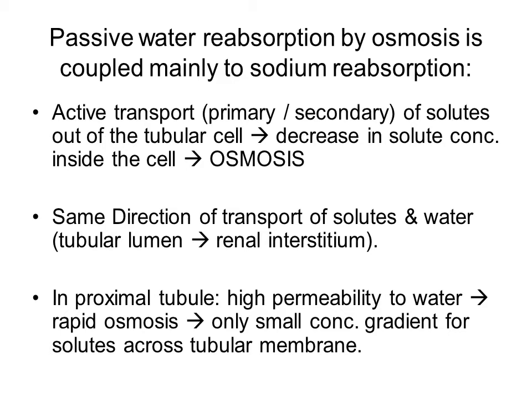This creates a concentration difference which causes osmosis of water in the same direction that the solutes are transported, meaning from the tubular lumen to the renal interstitium. Some parts of the renal tubule, especially the proximal tubule, are highly permeable to water, and water reabsorption occurs so rapidly that only a small concentration gradient for solutes across the tubular membrane develops.